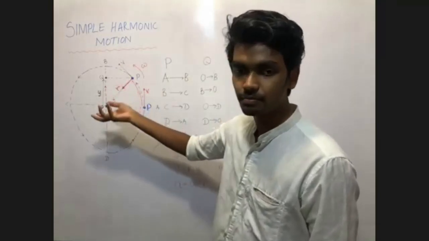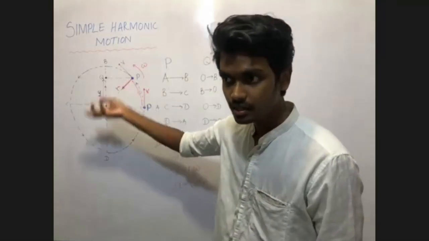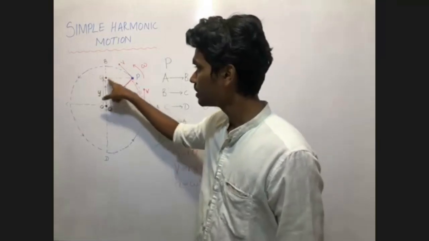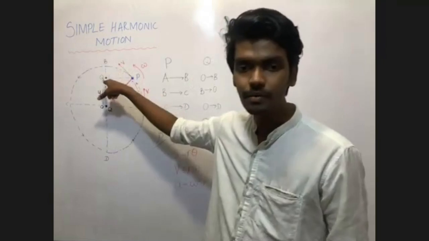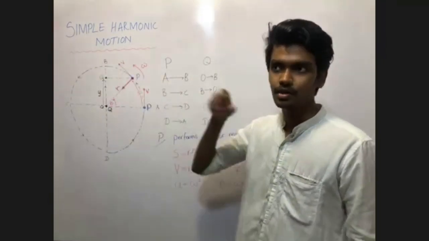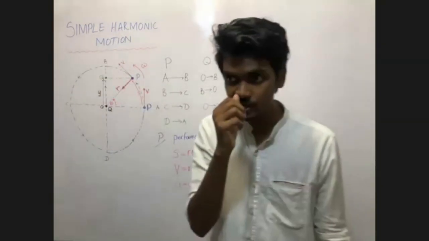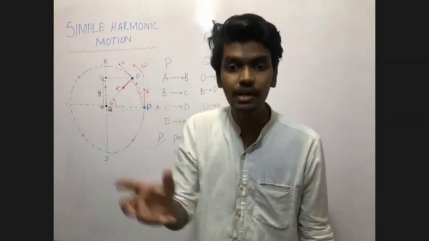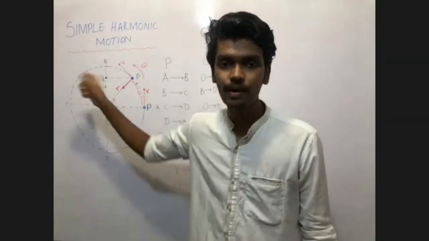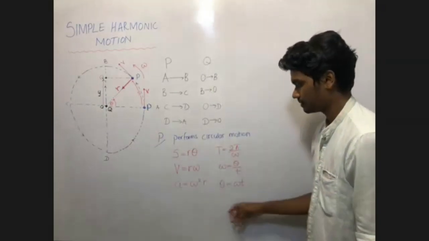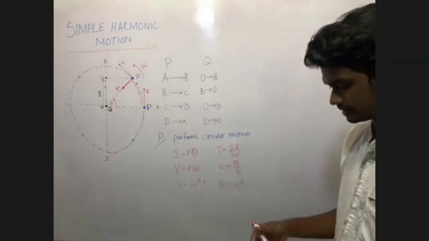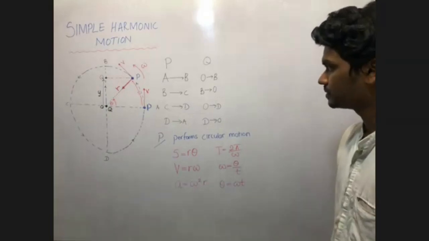when you are deriving equations for the particle Q, the simple harmonic motion of particle Q. We are going to derive what? Equations for the simple harmonic motion of particle Q. Fine.